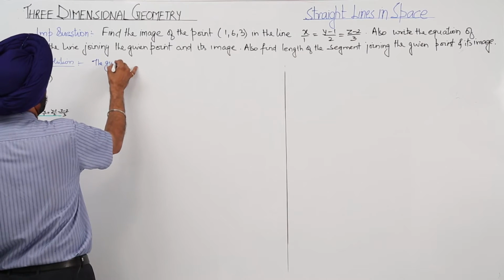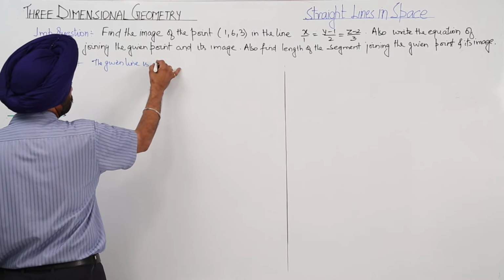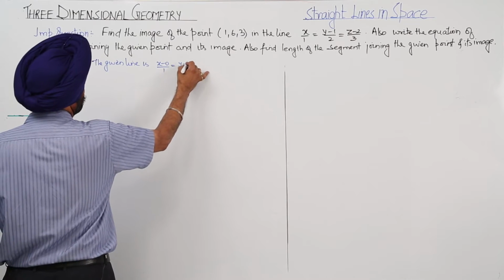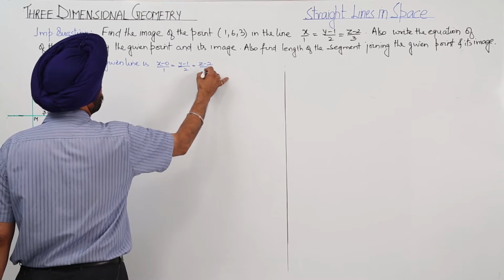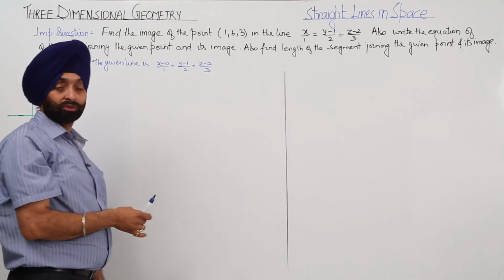The given line is x minus 0 upon 1, y minus 1 upon 2 is equal to z minus 2 upon 3. Now it is x upon 1, I have written x minus 0 upon 1.